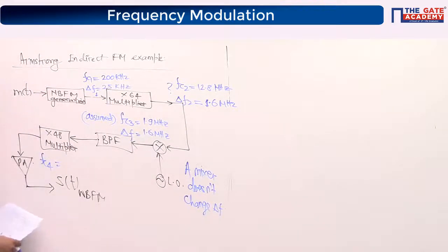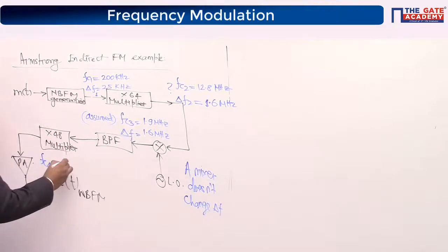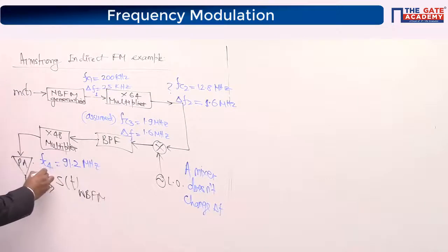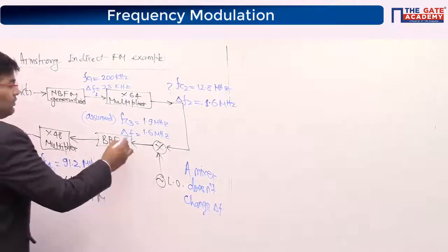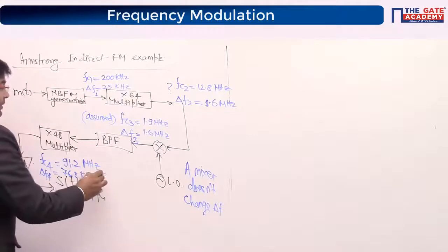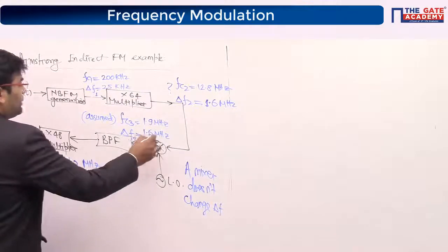Now FC4 will become what? If you do the calculation with this 48, it is 91.2 megahertz, and delta F4 will come to 76.8 kilohertz. So it has again changed.